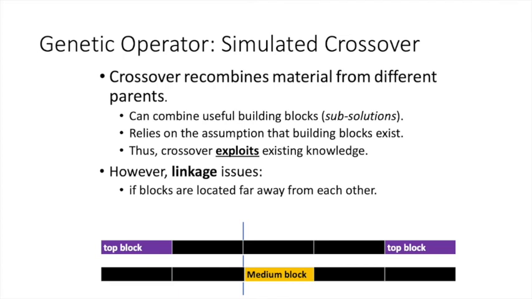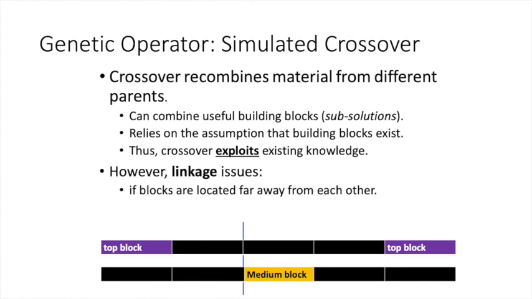I hope you can see that the top guy will lose a top block and in return will only get a medium block. So crossover did not recombine useful building blocks, but instead it separated two good blocks. This is called a linkage problem between blocks that depend on each other.